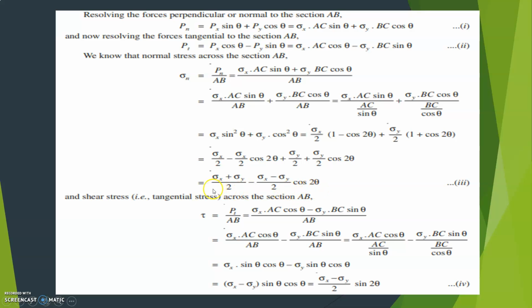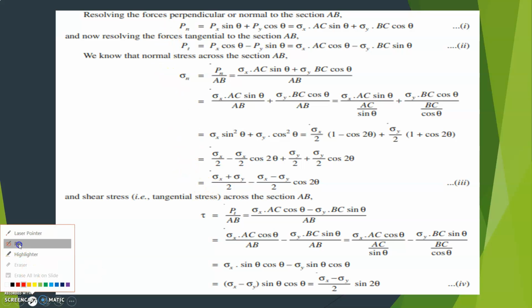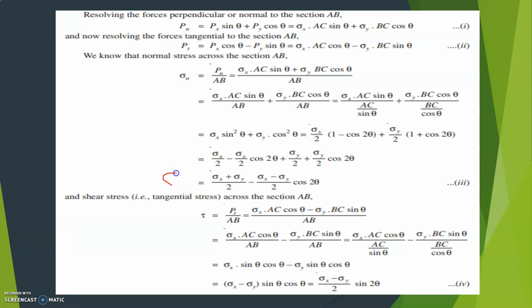This is the formula to find normal stress. Final formula, you have to remember this: sigma n is equal to sigma x plus sigma y divided by 2 minus sigma x minus sigma y divided by 2 into cos 2 theta.